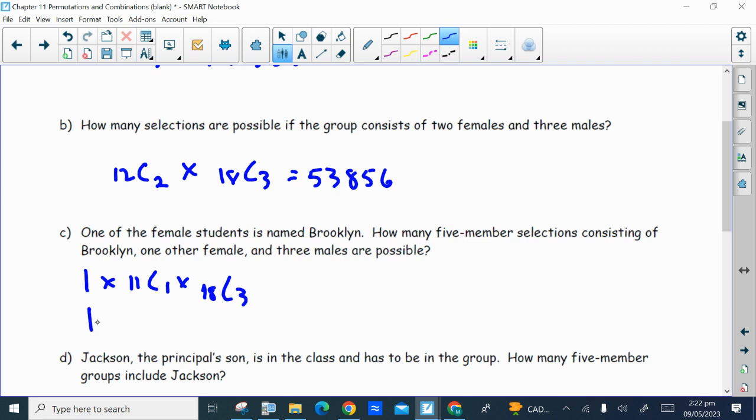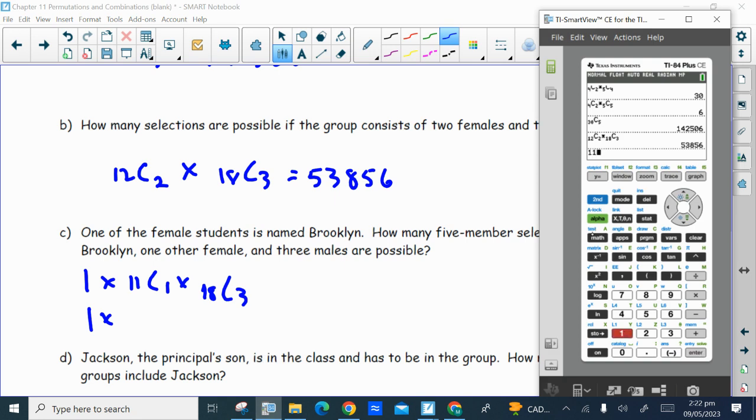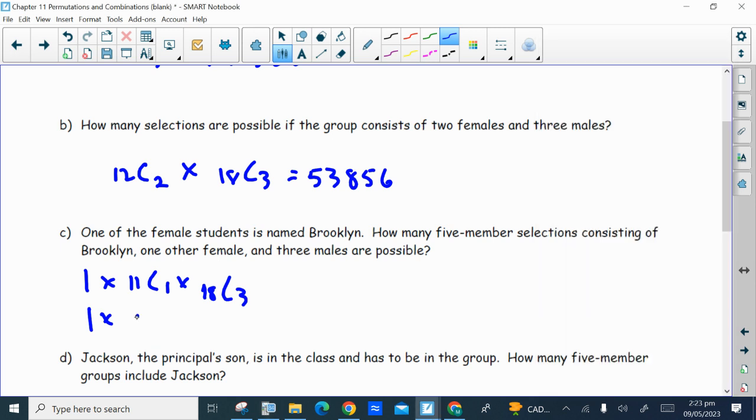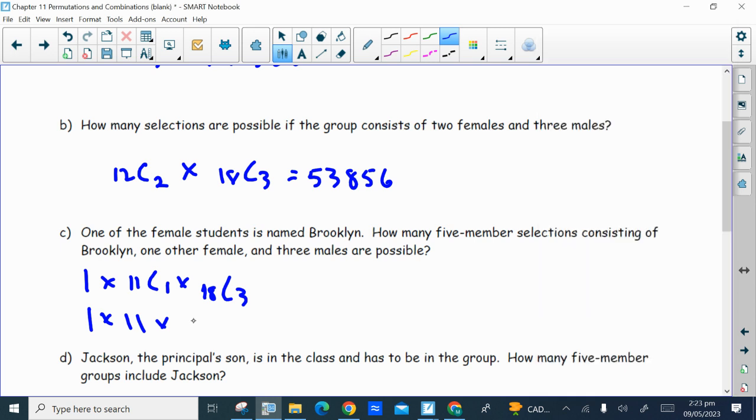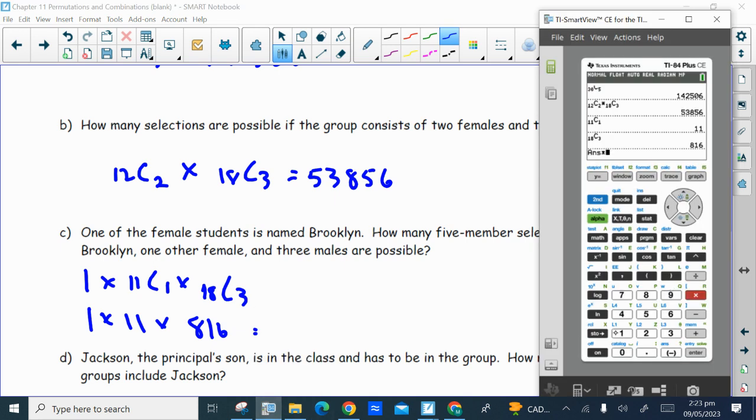So it's going to be 1 times 11C1, which is 11. There are 11 other females. You're going to choose 1. Well, there's 11 ways that you can do that. And then that's multiplied by our 18C3. And 18C3 is 816. So that's going to be multiplied by 11, which gives 8976.